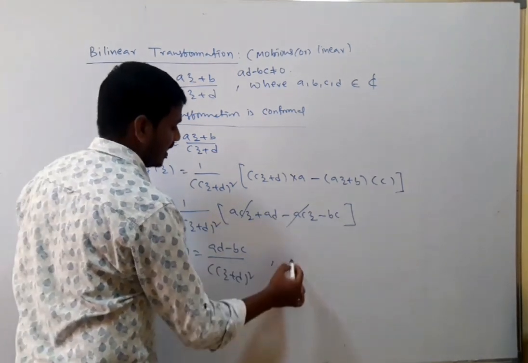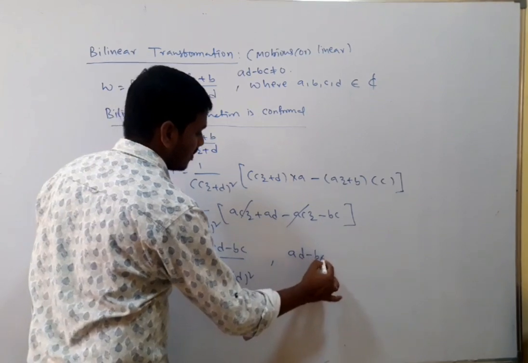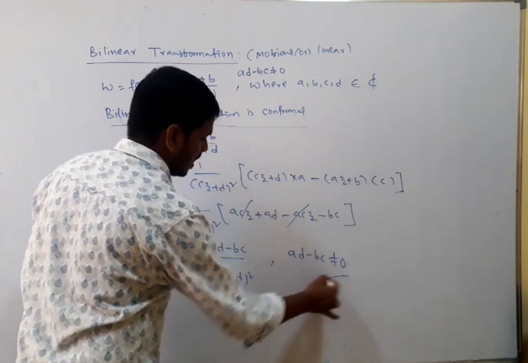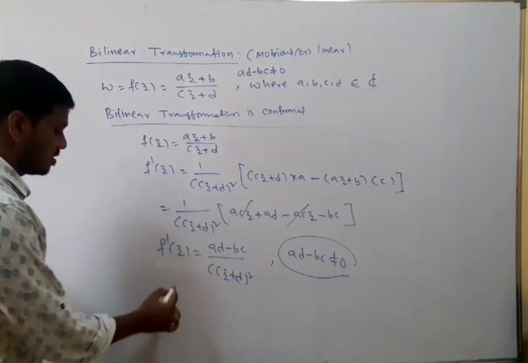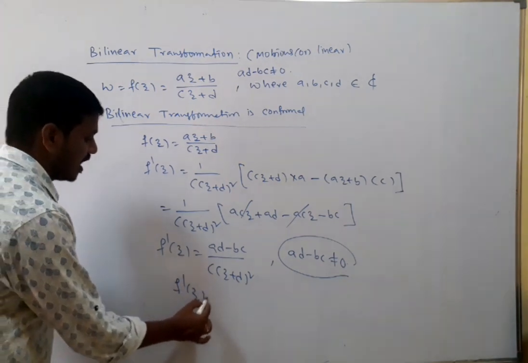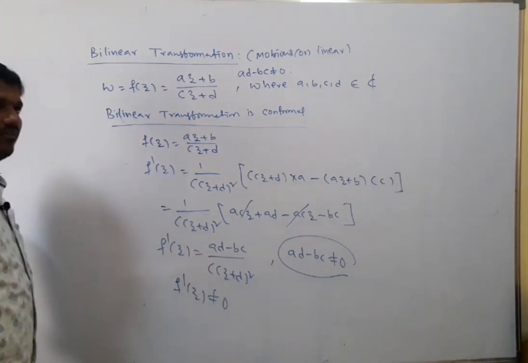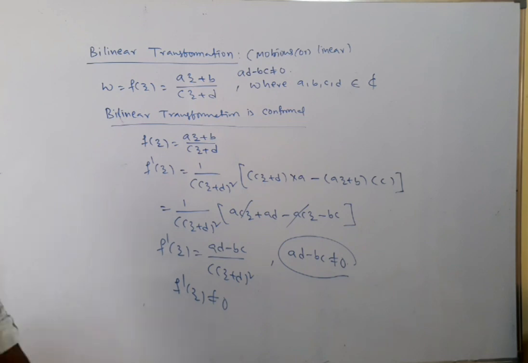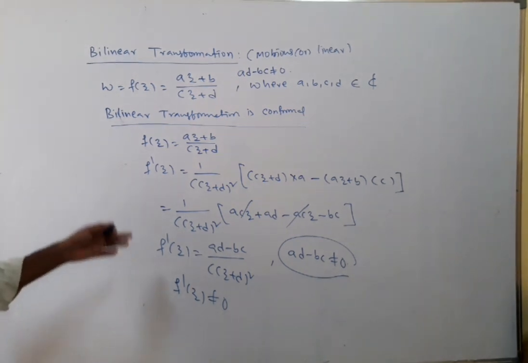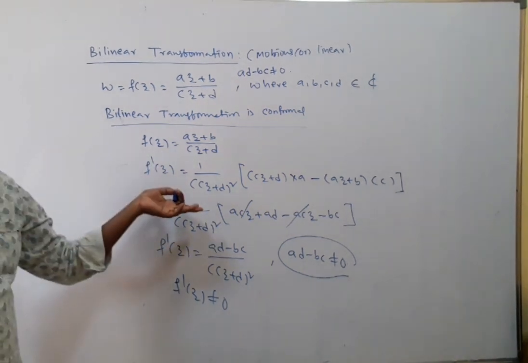In the bilinear transformation we have the condition ad minus bc is not equal to 0. If ad minus bc is not equal to 0, f dash of z is not equal to 0 for every z. Since f dash of z is not equal to 0, by the conformal mapping theorem the transformation is conformal.